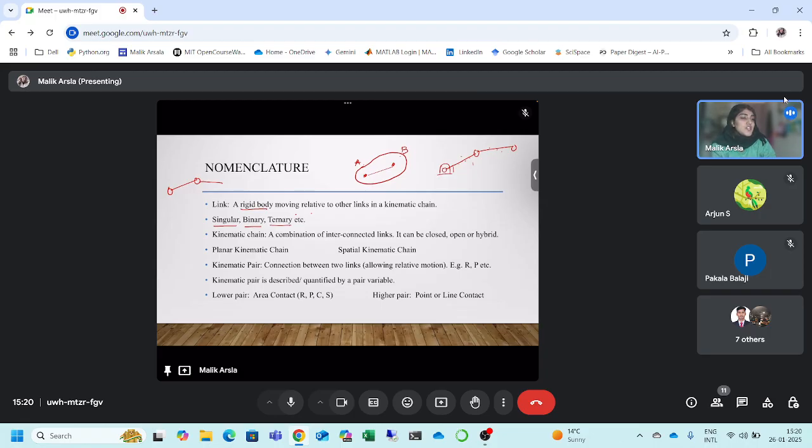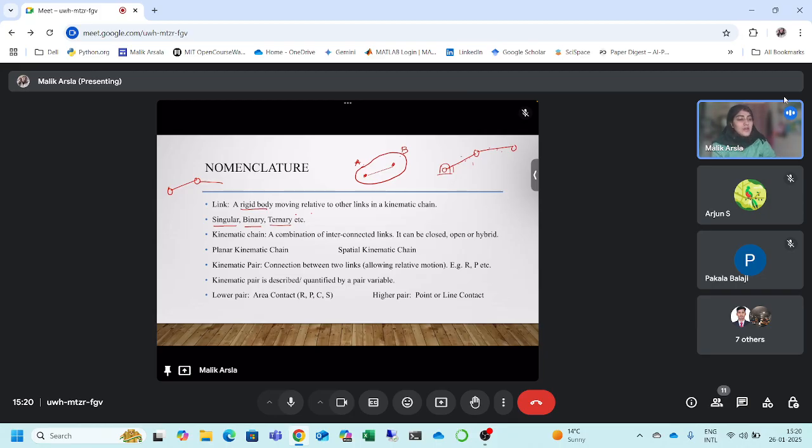So in a combination, maybe one link can connect to another link, or maybe two links can connect to a particular link. So that is how we classify the links. A singular link connects to just one link. A binary link is one which connects to two links. A ternary link connects to three links. That is how we classify different links, and it goes on, quaternary link and so on.